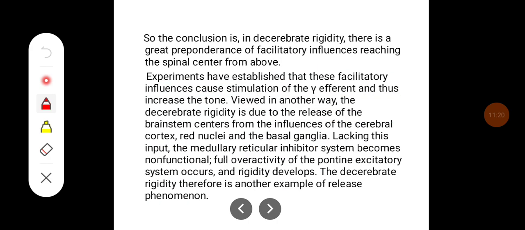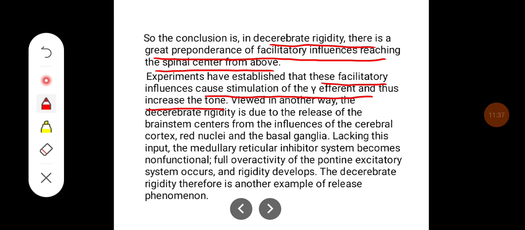So the conclusion is, in decerebrate rigidity, there is a great preponderance of facilitatory influence reaching the spinal center from above. Experiments have established that this facilitatory influence can cause stimulation of the gamma efferents and thus increase the tone. Viewed another way, decerebrate rigidity is due to the release of brainstem centers from the influence of the cerebral cortex, red nuclei, and basal ganglia.